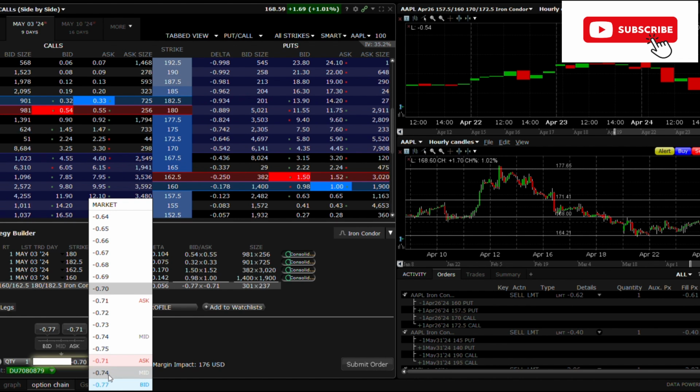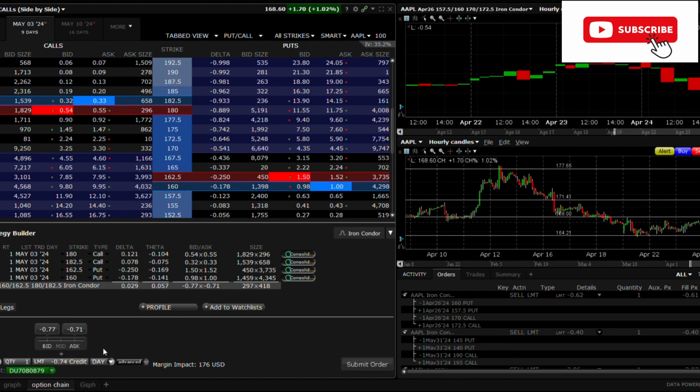You see, when you sell this, you get a credit of $74 to your account. So this is a credit, and then the margin impact. If you are using a margin account, the broker is going to keep about 176 to manage the risk.